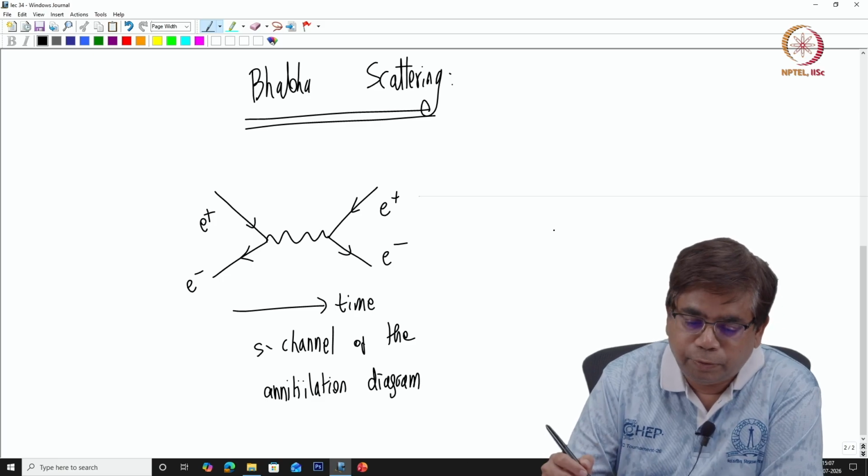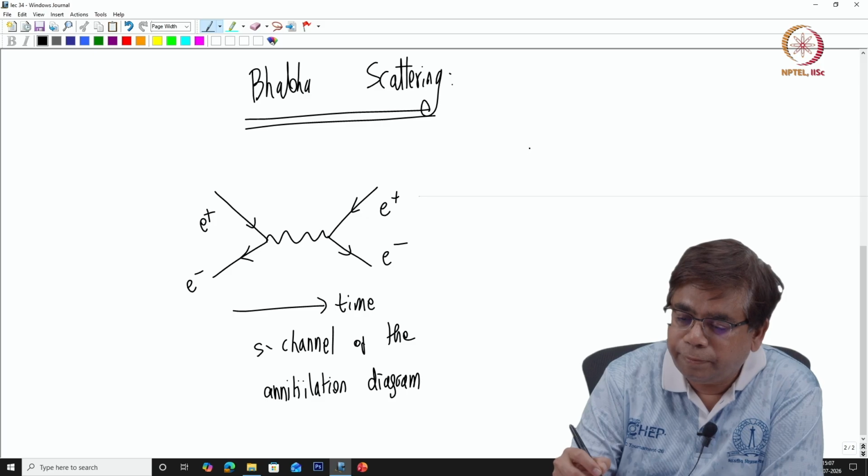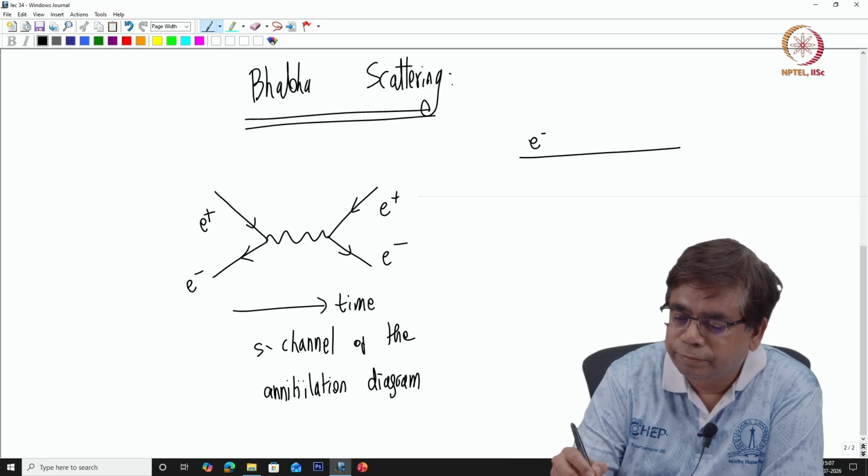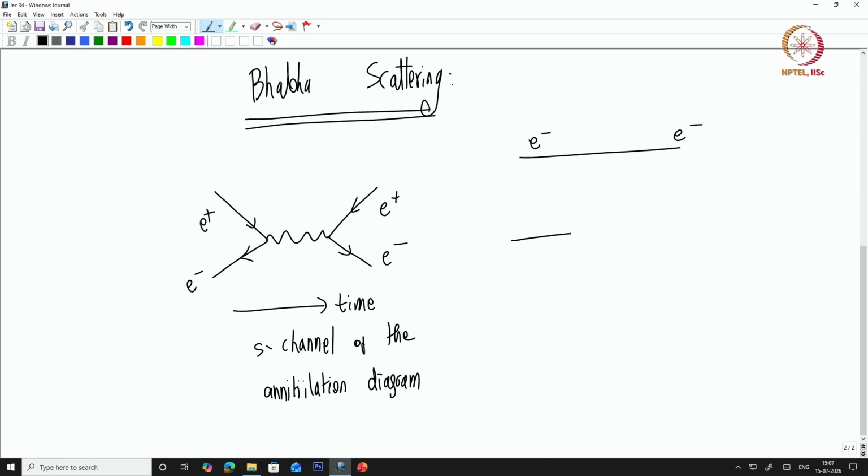The other one would be, so E minus goes to E minus, E plus goes to E plus, and they exchange a photon. So, this is sort of like a T channel, in which there is no annihilation happening, but E plus E minus goes to E plus E minus anyway.